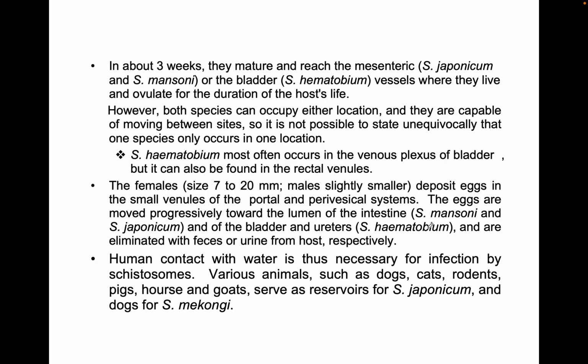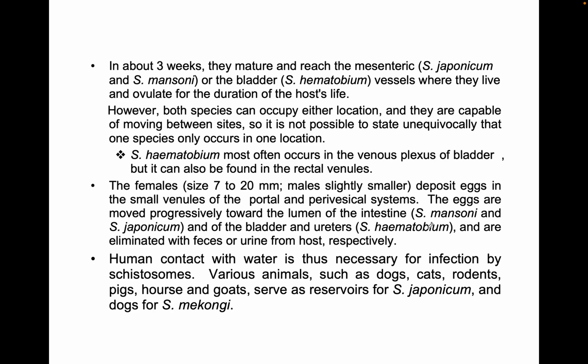The female worms deposit eggs in the small venules of the portal and perivesical system, and the eggs are moved progressively towards the lumen of the intestine, and later they are eliminated with the feces or urine from the host.